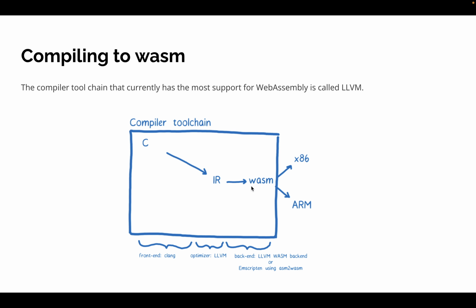Why is this wasm file a wasm module here? Because we're not sure what our users are going to use. What is the architecture of their machines? Is it x86? Is it AMD64? Is it ARM? We don't know.